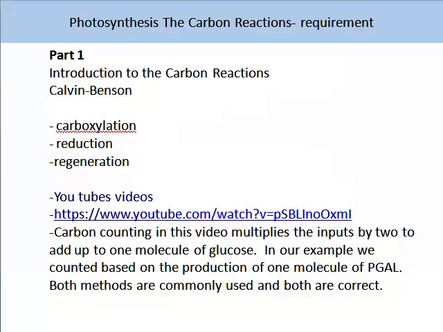Please note though, in this video they describe carbon accounting differently to how we have. They multiply the inputs by 2 so that all the inputs add up to 1 molecule of glucose. In our example, we counted based on the production of 1 molecule of PGAL. Both methods are commonly used and both methods are correct.